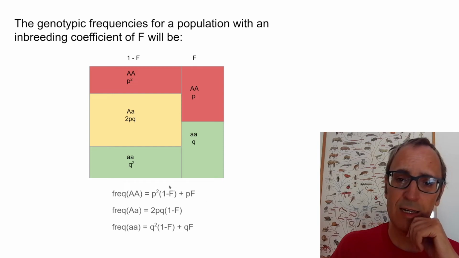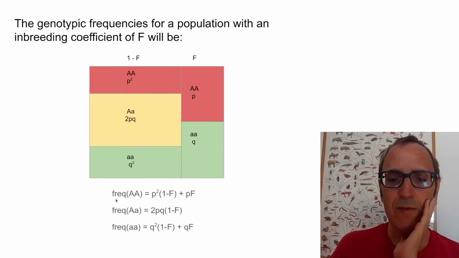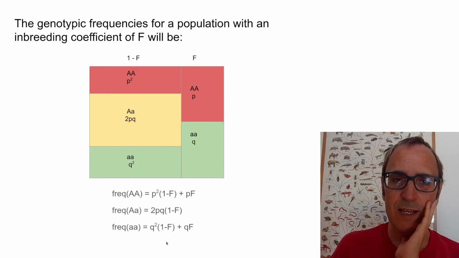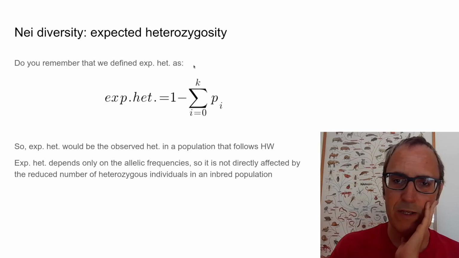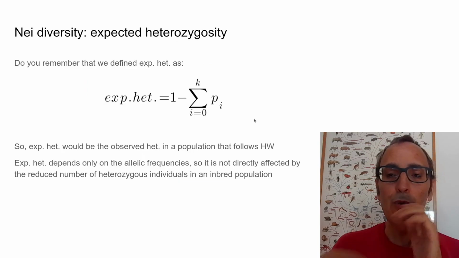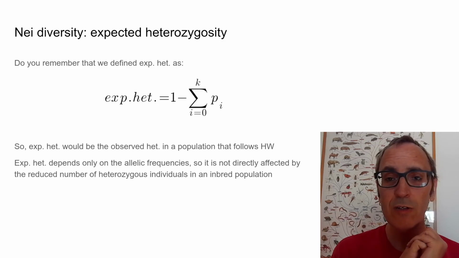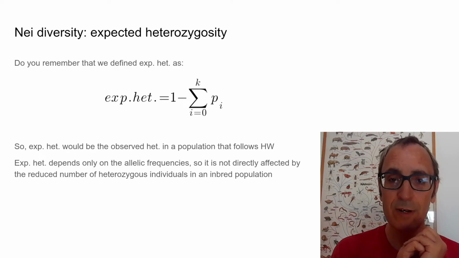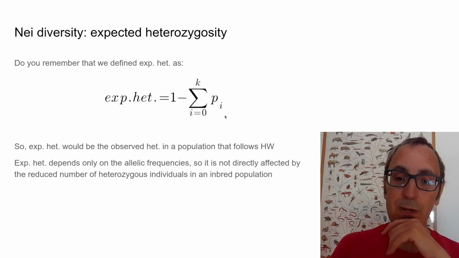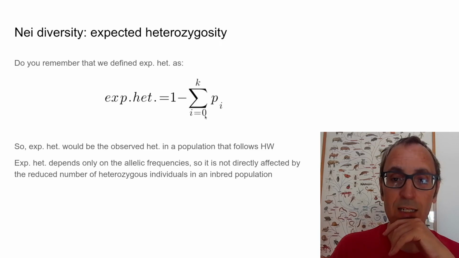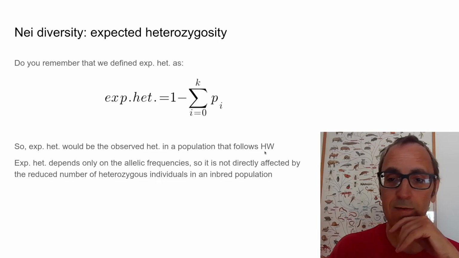And these are the genotypic frequencies that you would expect in a population with this degree of inbreeding, if you call F inbreeding. We also talked, when talking about diversity, remember that we said that the expected heterozygosity was a very good measure of genetic diversity. The expected heterozygosity is the level of heterozygosity that one has in a population that follows Hardy-Weinberg.